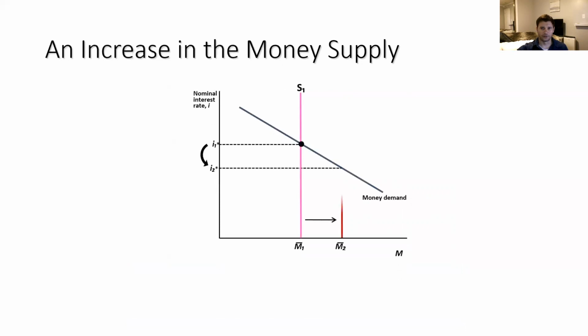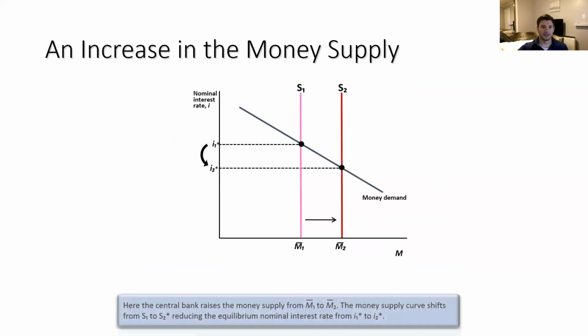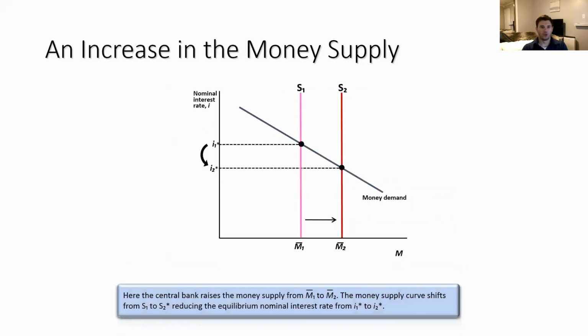And note that this essentially makes the opposite prediction regarding money growth and nominal interest rates compared to the quantity theory and Fisher effect framework.